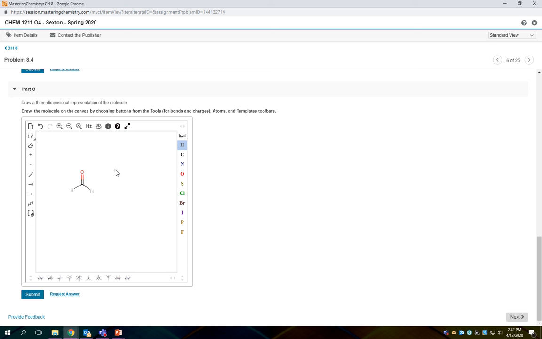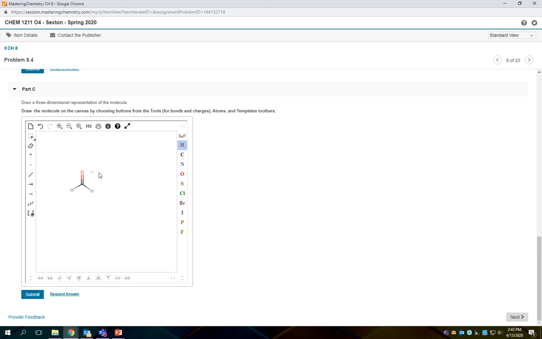This is actually kind of how things work in what are called line angle diagrams, which is a common way of drawing organic molecules, where carbons are assumed to be at the intersections of single, double, and triple bonds, and you don't actually explicitly write in the symbol. But using this tool, this is the correct structure for formaldehyde.